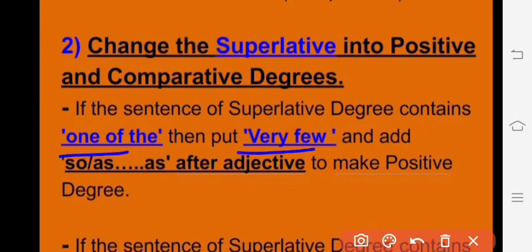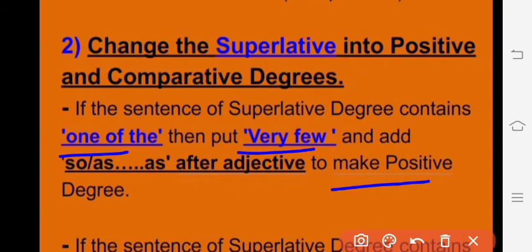If a superlative degree sentence starts with "one of the" and you want to convert into positive, what you have to apply, just seriously note it in your mind. This is the important sentence.